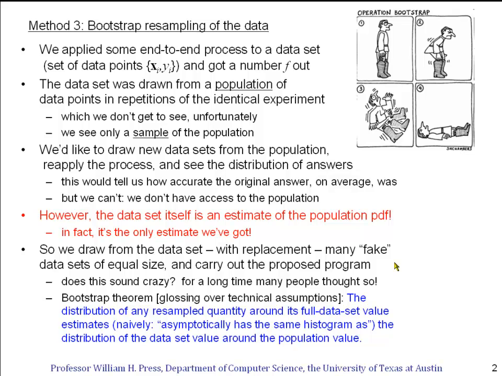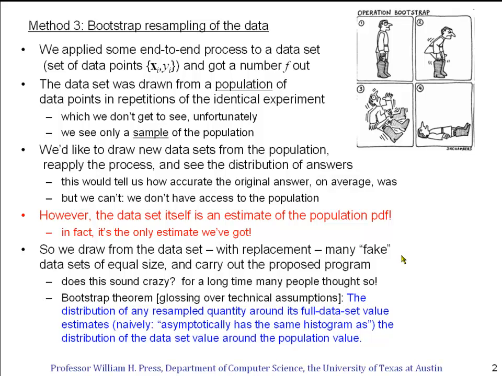Now, how do we construct a fake data set? Well, it's important what the size of a data set is, the number of points in it, because that, of course, determines statistical accuracies in various ways. So we draw from our data set a number of data sets with the same number of data points as in our original data set. Well, you say, how can you do that? Because if you draw the same number of points, you'll just be getting the same set over and over again.